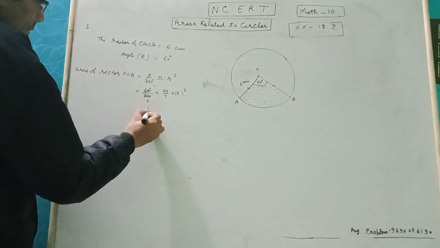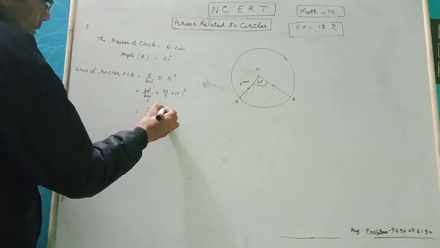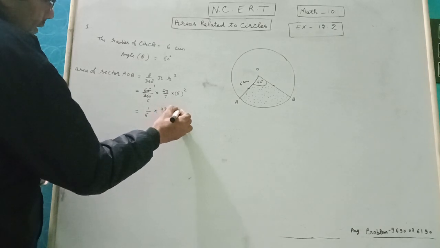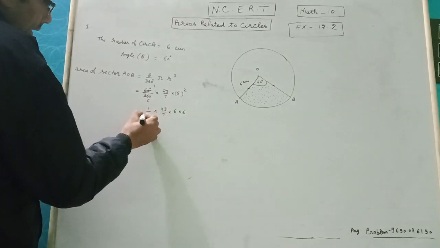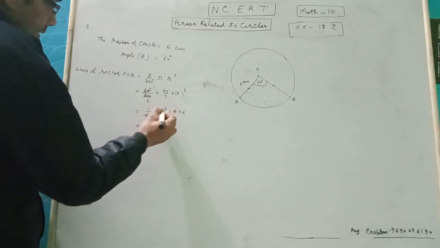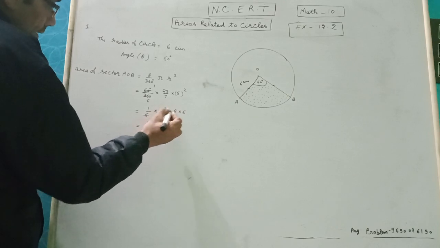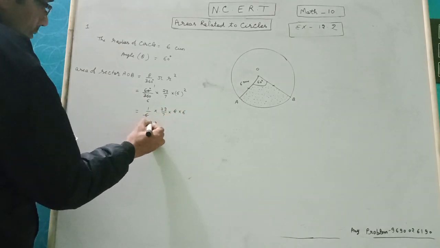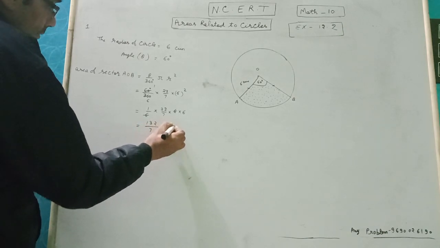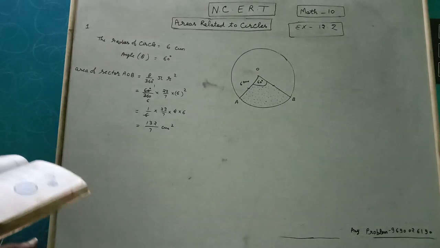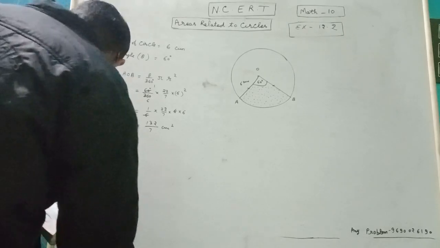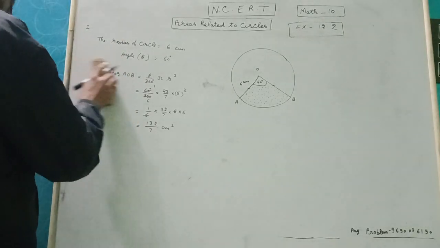Next line is 1 upon 6 into 22 upon 7 into 6 into 6. 6 divided by 6, multiply, and we get 132 upon 7 cm square, which is the area of the sector asked in the question. Question number 1 is complete.